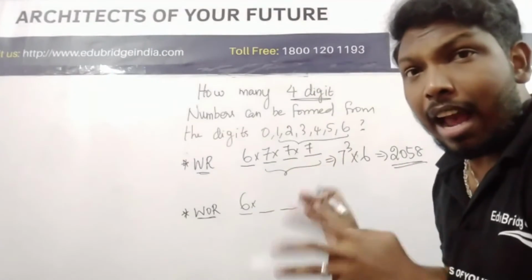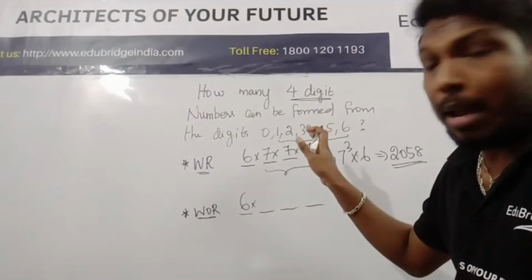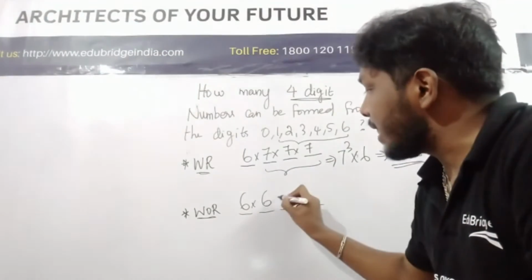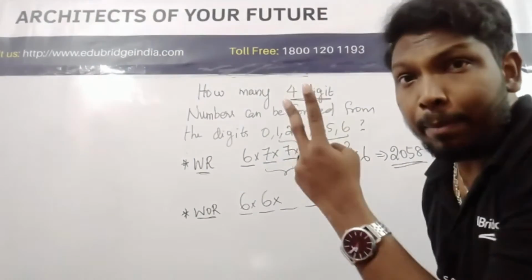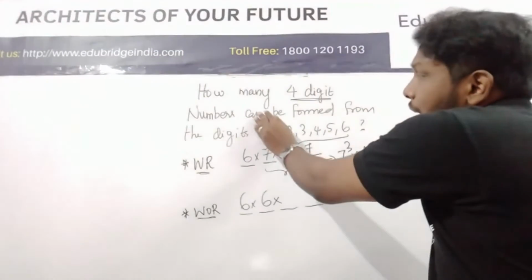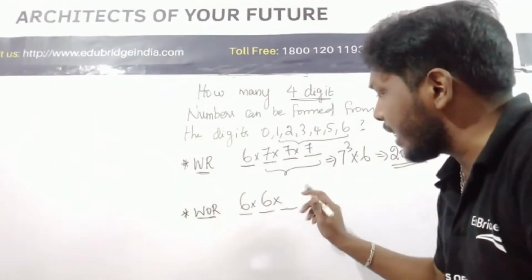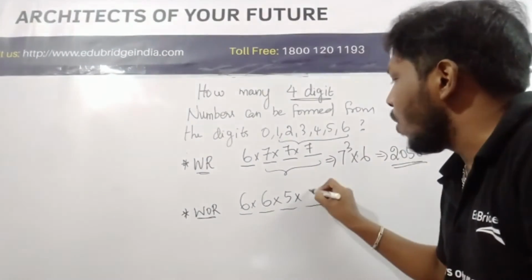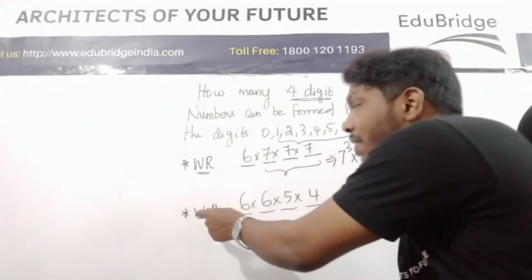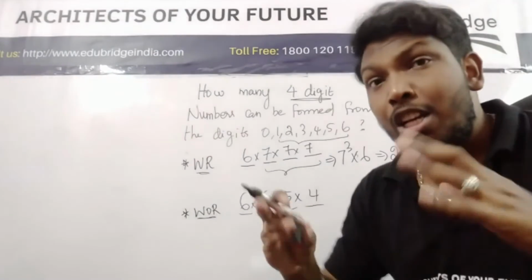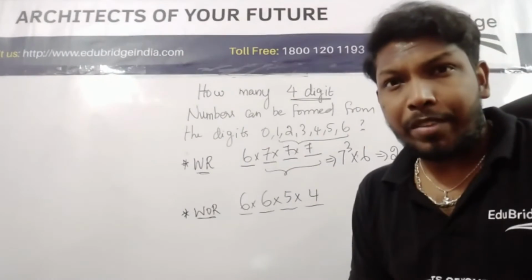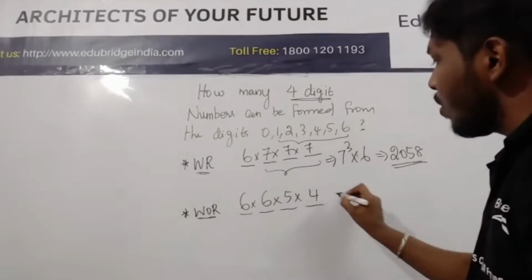So how many numbers do I have here? I have another 6 numbers. So 6 into 6. So already 2 places I placed. How many remaining numbers do I have? I'll have 5 numbers, right? So 6 into 6 into 5 into 4. Why? Because this is without repetition. The number should not repeat. You got it?